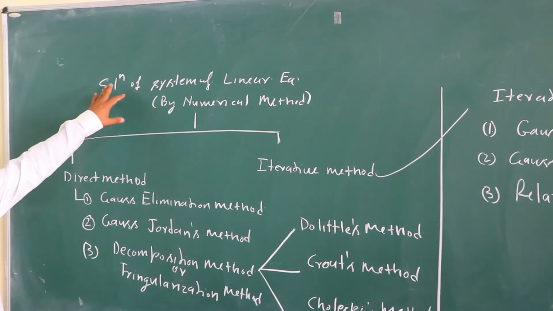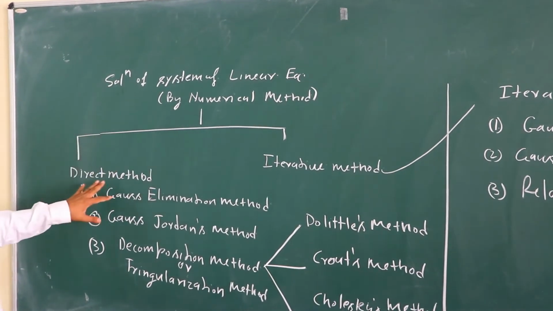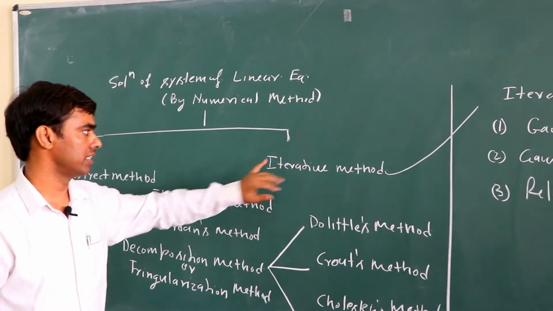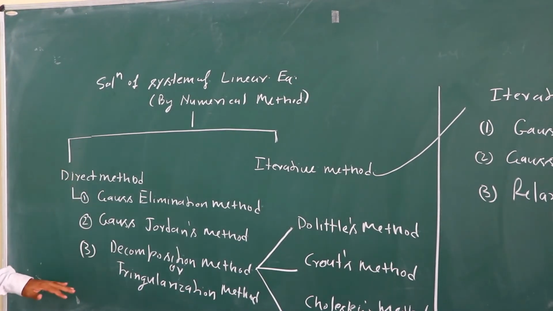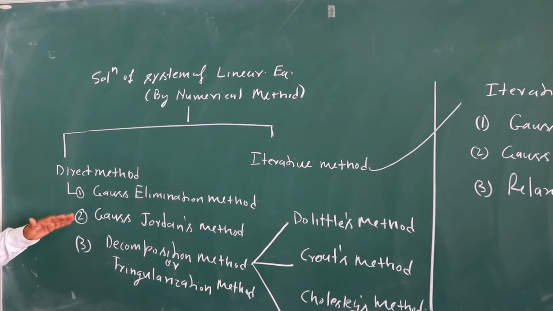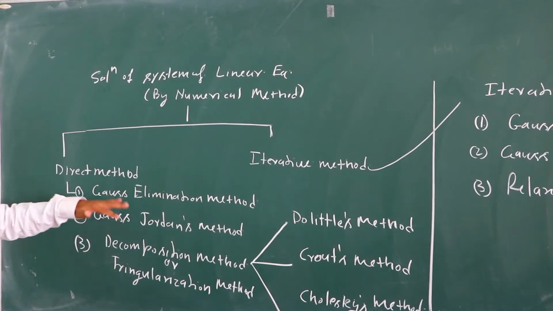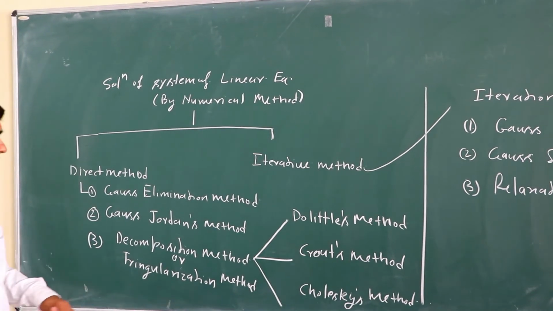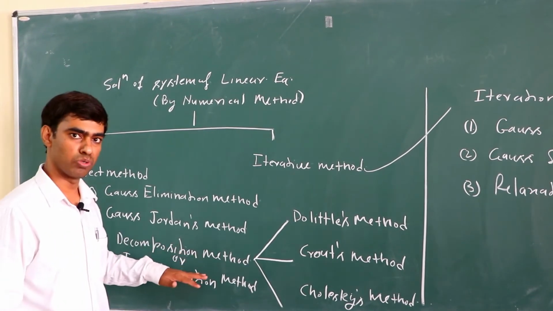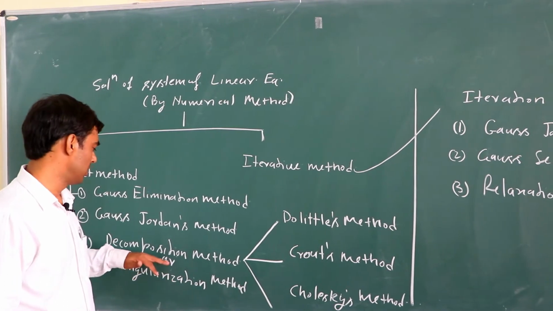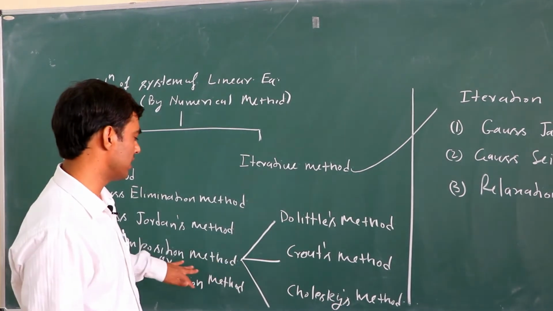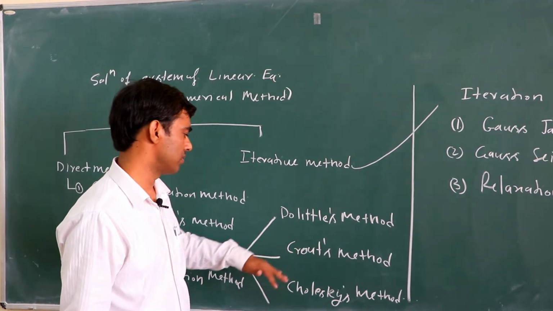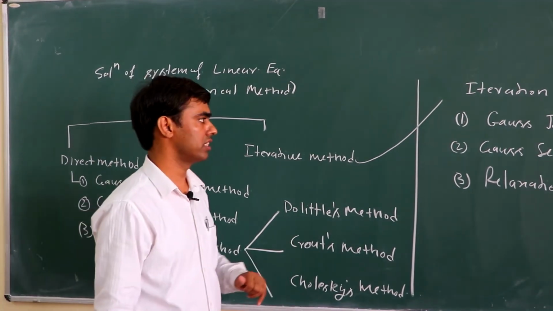So there are two categories of numerical methods for finding the solution of a system of linear equations: direct and iterative. Under direct methods, we mainly focus on Gauss elimination, Gauss-Jordan, and the decomposition method, also known as the triangularization method, which is categorized as Doolittle's, Kraut's, and Cholesky's methods.